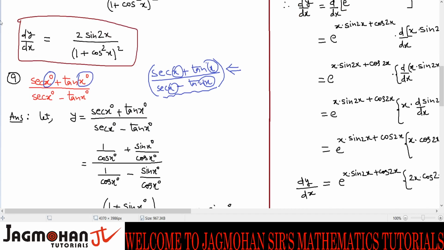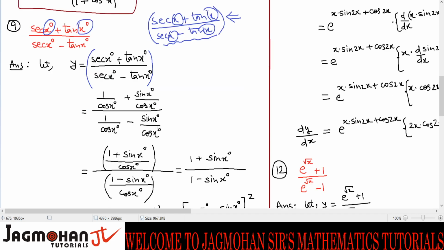Because if I start differentiating here itself, I will have to apply the u upon v rule. This is u and this is v. Moreover, if I apply the u upon v rule here, it will become very lengthy.